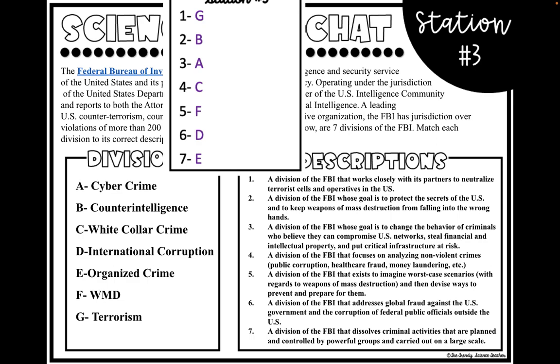Number 4 should have been C, white collar crime. Number 5 should have been F, weapons of mass destruction. Number 6 should have been D, international corruption. And 7 should have been E, which is organized crime. Again, if you did not get those correct, go ahead and change your answers.